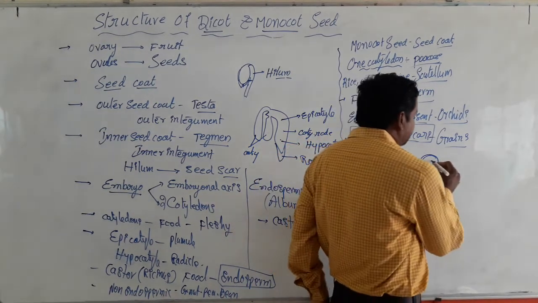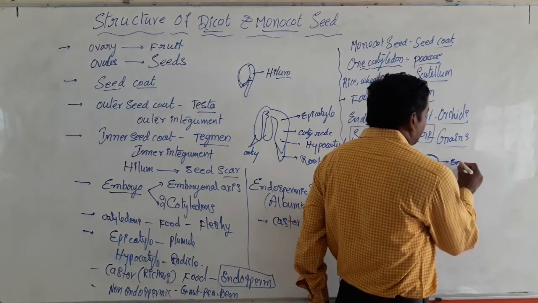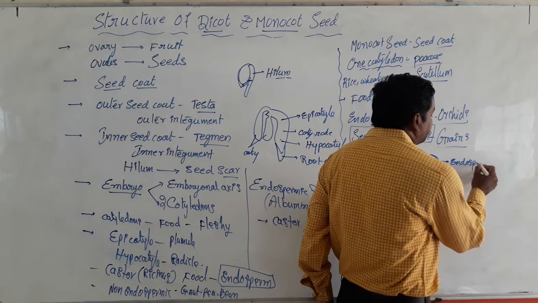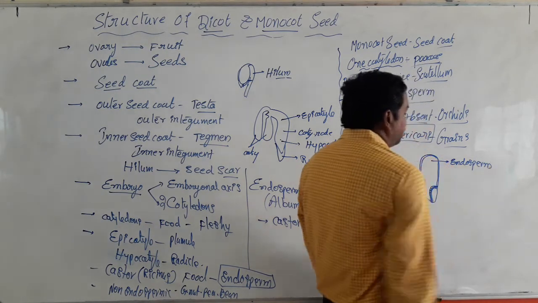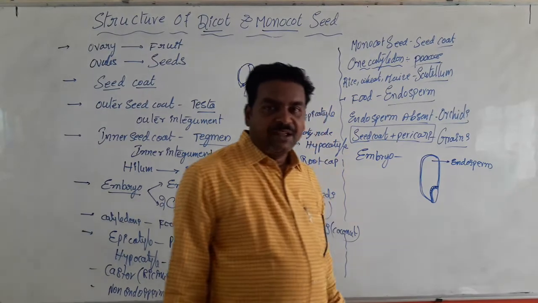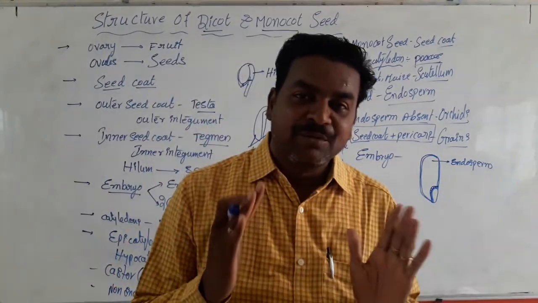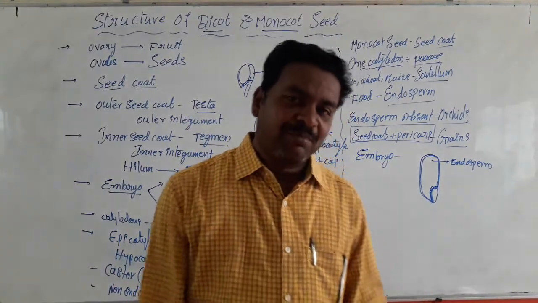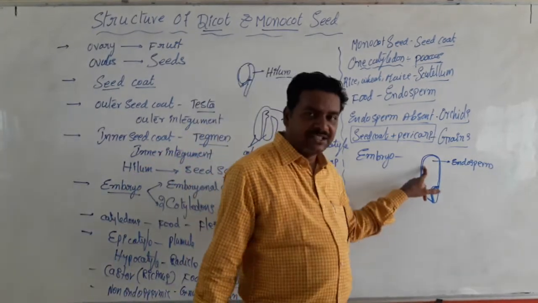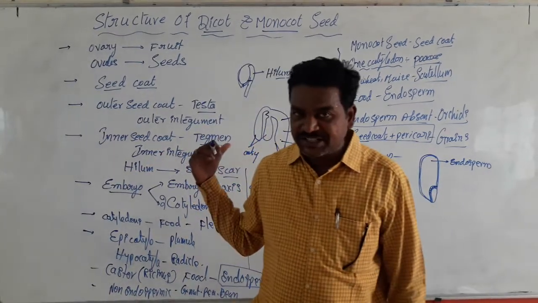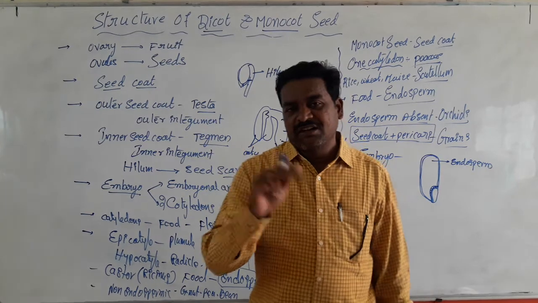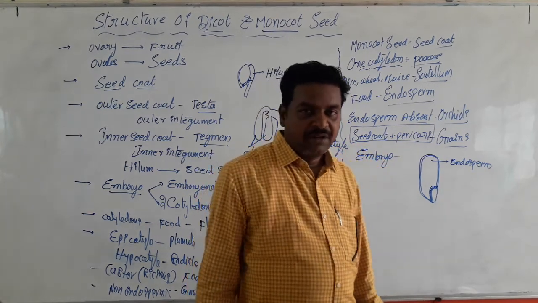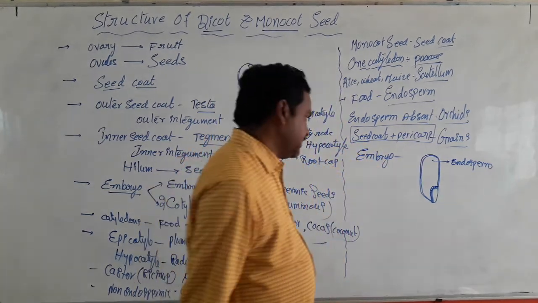This is endosperm. The major part of a monocot seed is endosperm, because it is the site of reserve food materials. But what is the major part in a dicotyledonous seed? That is cotyledon, because it is the site of the reserve food material.